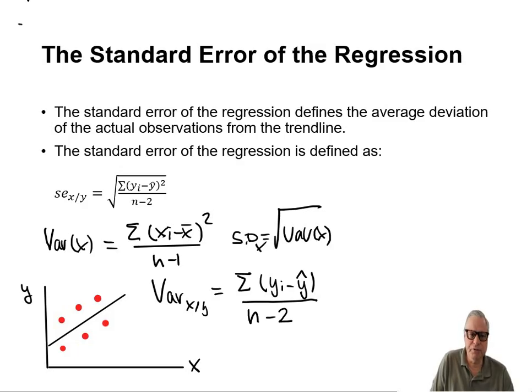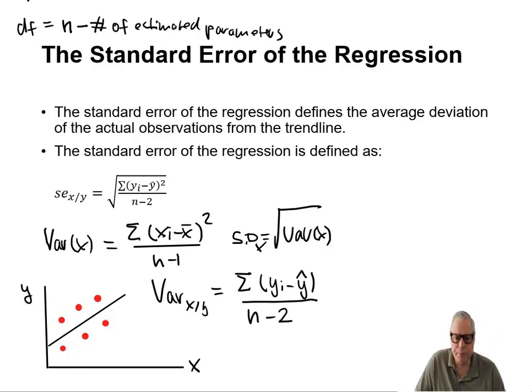The degrees of freedom are typically the sample size, n, minus the number of estimated parameters. So in this case, we have a regression.